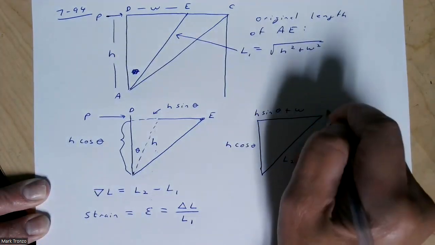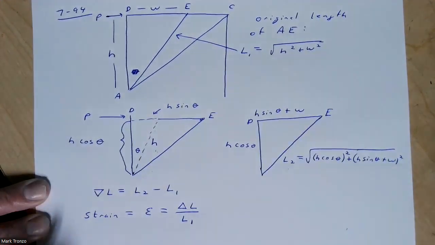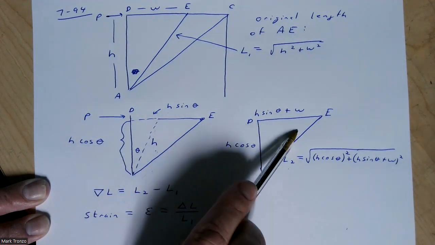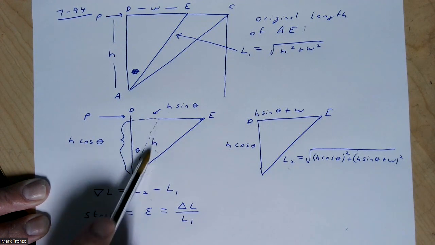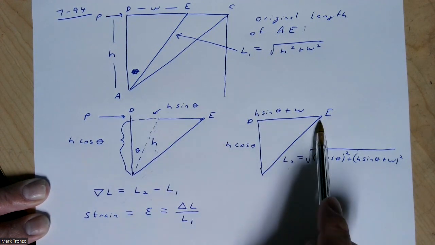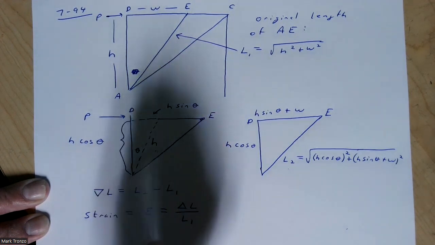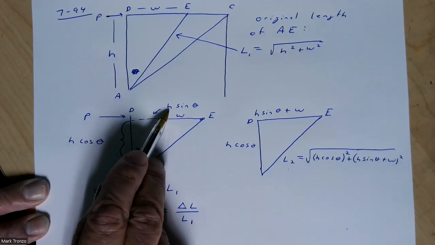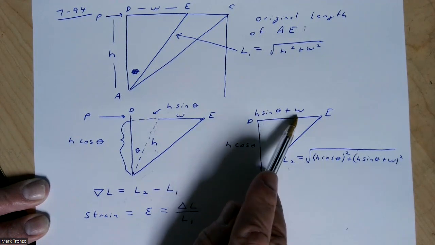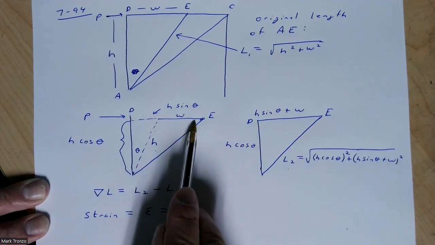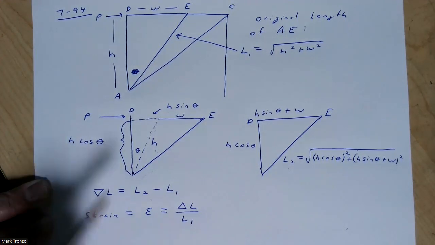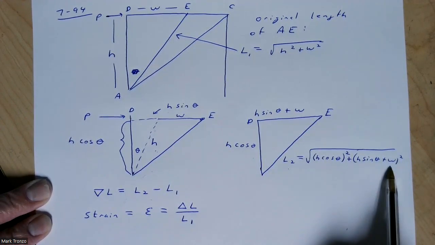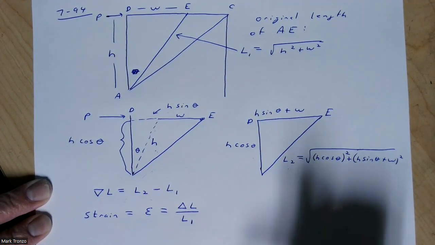Now I'm just looking at the point E and this total top here. The original height was W, and it got pushed this extra amount. So H sine theta plus W is the new distance between D and E, and this side was H cos theta. Once again, take the square root of the sum of the squares to give your L2. This is your new length.